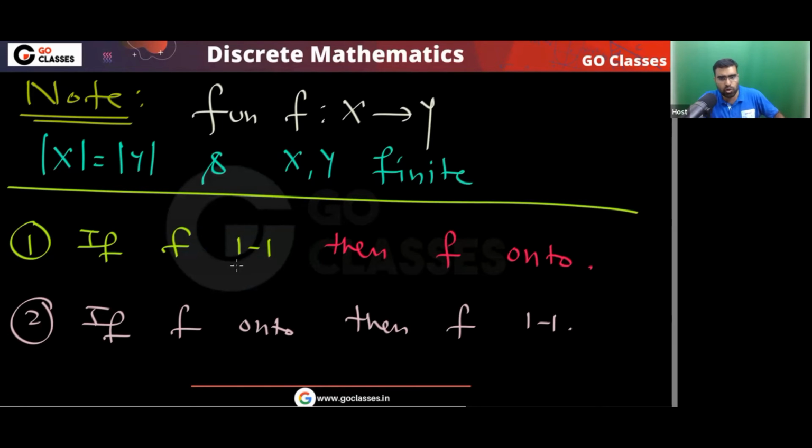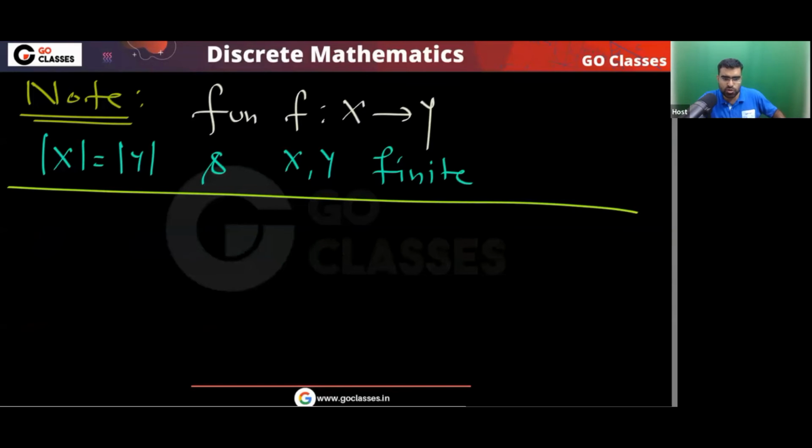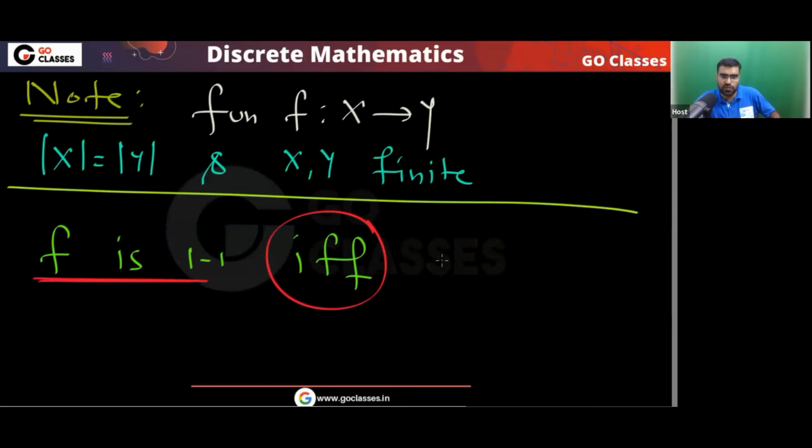If f is 1, 1, then automatically it will become onto. So can I say that in this situation, f is 1, 1 if and only if f is onto?